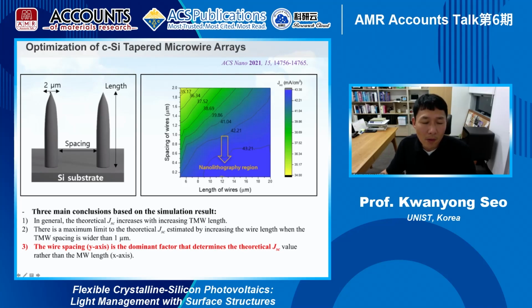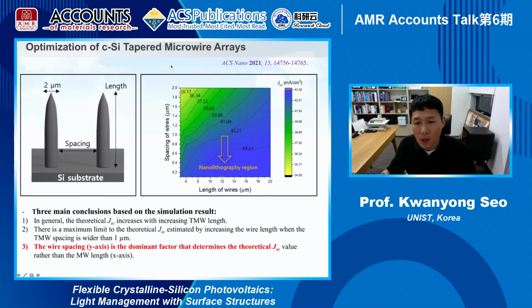The only remaining parameters are the spacing and length. So by changing the length and spacing, we studied the theoretical maximum current density we can obtain through the FDTD simulation.